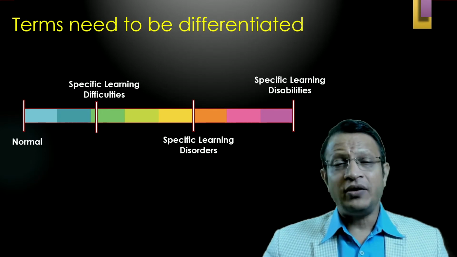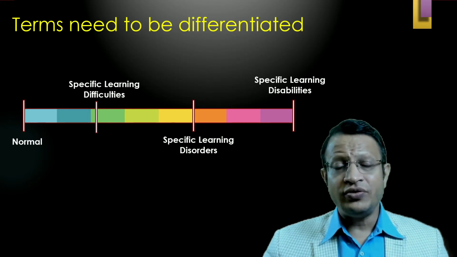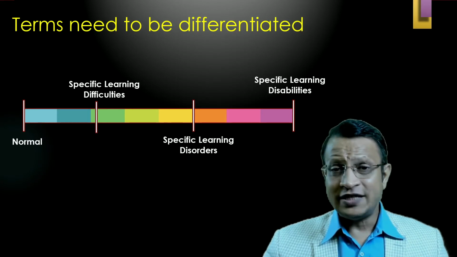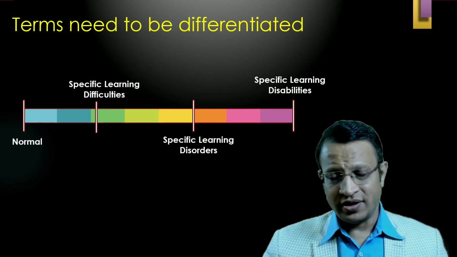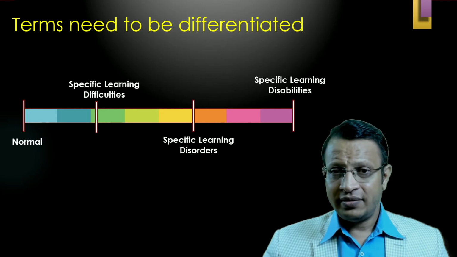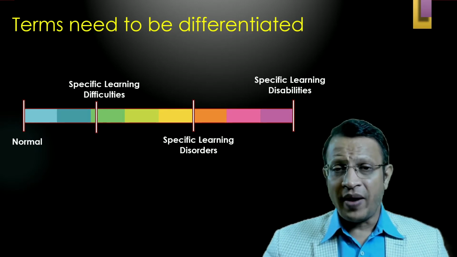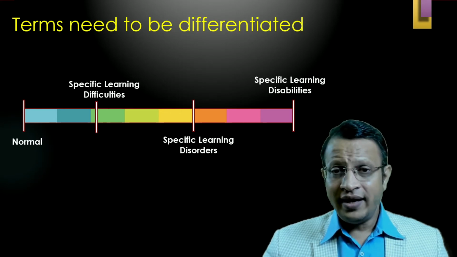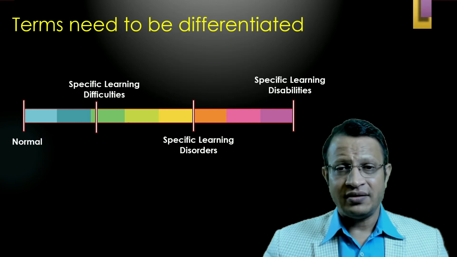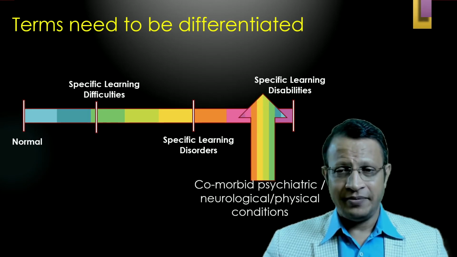But in spite of a reasonable degree of remedial measures, if the child continues to have the problem, that is, a persistent problem, then we call it specific learning disorder. However, to become disabled, that means the child is unable to participate in school and in society, then the law will come into place to protect the child. That is specific learning disability.